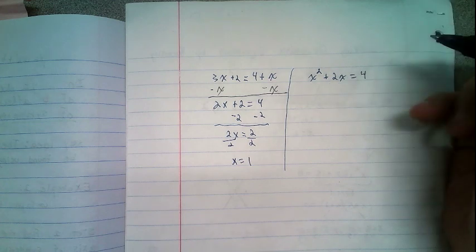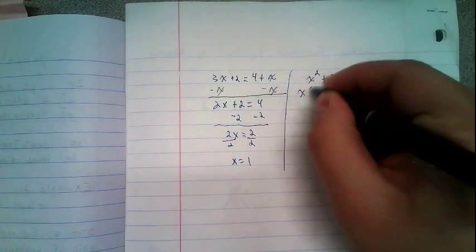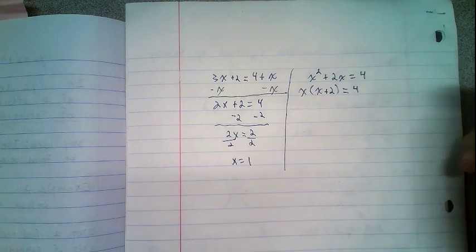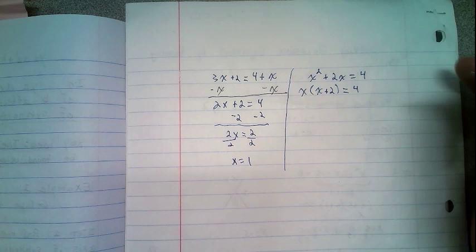So again, we're trying to look for a strategy. One you might be thinking of is to take out the greatest common factor. When I do that, I take out an x, and I'm left with x times the quantity x plus 2 equals 4. That's a nice step because now I don't have any squares. Still, though, I have to get x by itself.